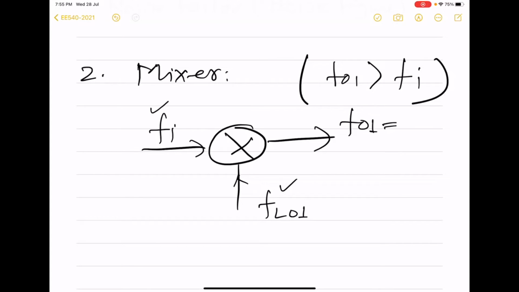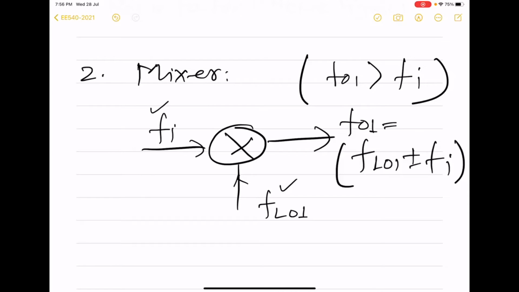And this mixer, we will see later on, typically produces a pair of frequencies which will be FLO1 plus minus Fi. So there will always be this pair of frequency at the output of mixer.